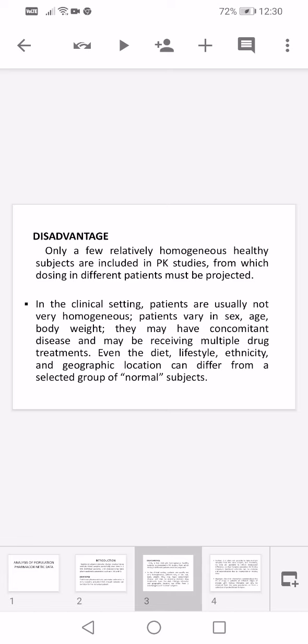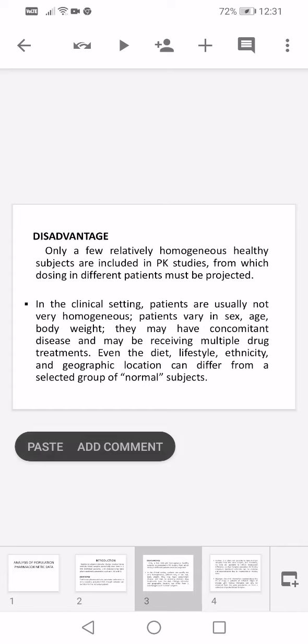This is the main disadvantage of taking multiple samples from the same patient. In the clinical setting, patients are usually not very homogeneous. They vary in sex, age and body weight. They may have concomitant disease and may be receiving multiple drug treatments. Even diet, lifestyle, ethnicity and geographical location can differ from the selected group of normal subjects. So in population pharmacokinetics, not all people have the same body weight, age or diseases.